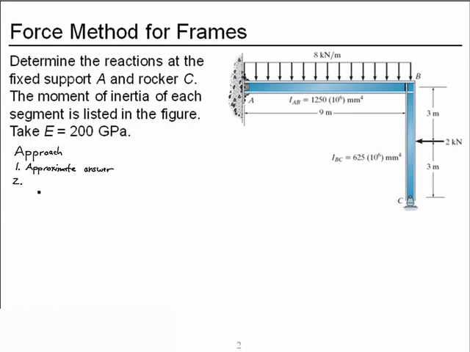And so we'll have that approximate answer to compare against. Then we're going to look at the degree of indeterminacy so that we know how many redundants there are.